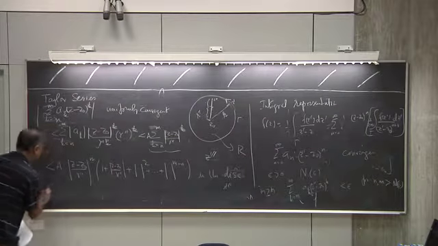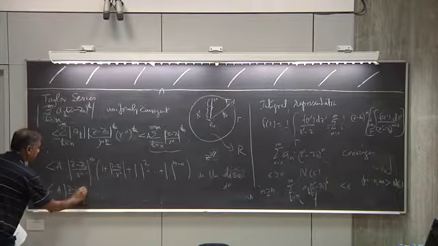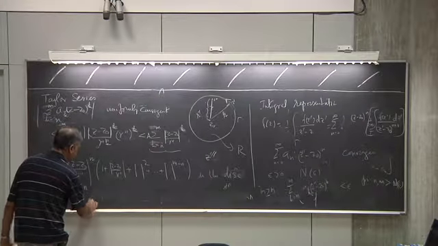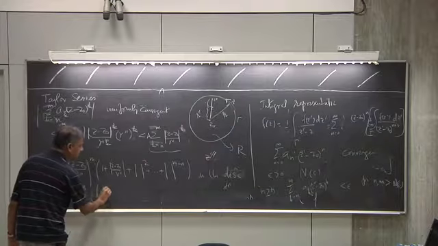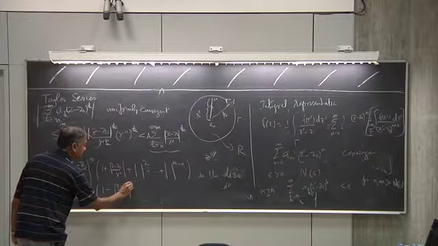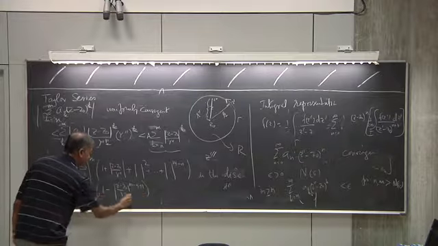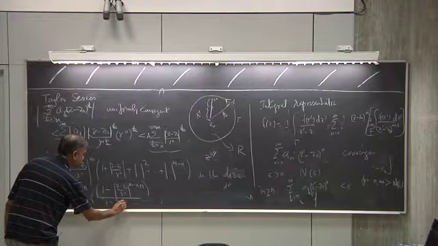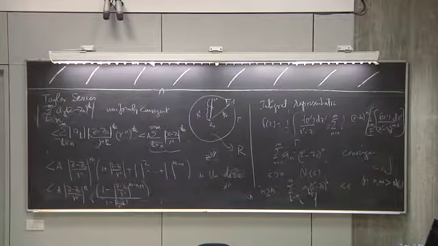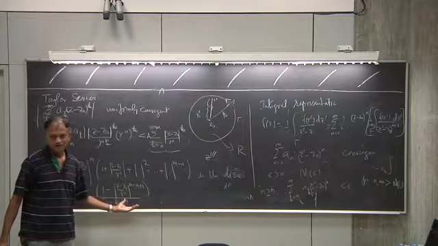This quantity is the same as (z minus z0 over r double prime) to the n, and then this we explicitly worked out: 1 minus (z minus z0 over r double prime) to the power of m minus n plus 1, divided by 1 minus (z minus z0) over r double prime. Remember, this is how we proved that the geometric series is convergent.